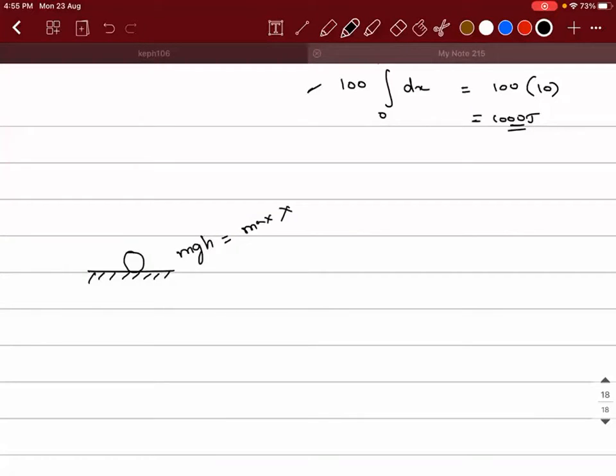No. According to the situation you gave me, whenever you're defining potential energy, don't say mgh. The important question you're supposed to ask is, which line are you taking as the reference? If you take this as the reference, then your answer for mgh is 0. But mgh being maximum is also possible when you take this as the reference line.